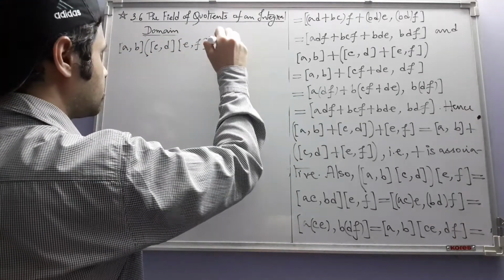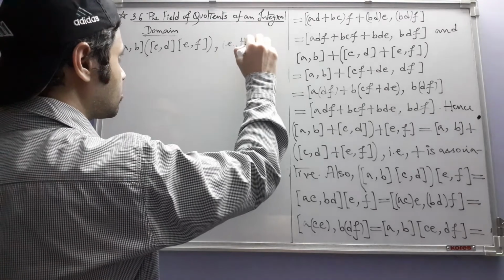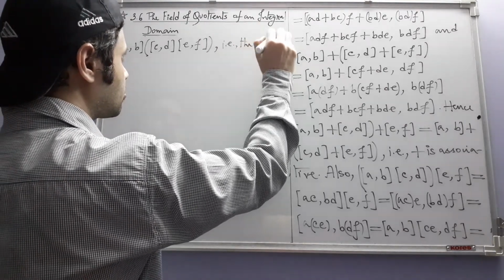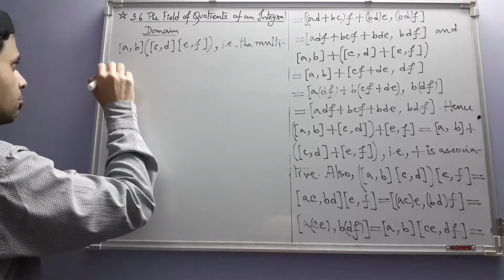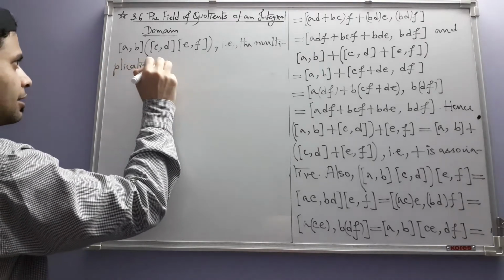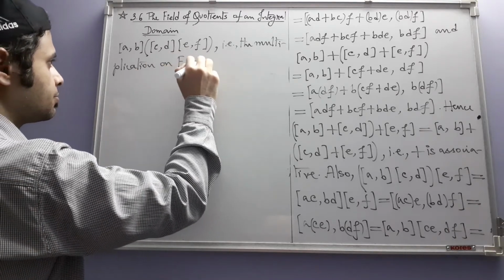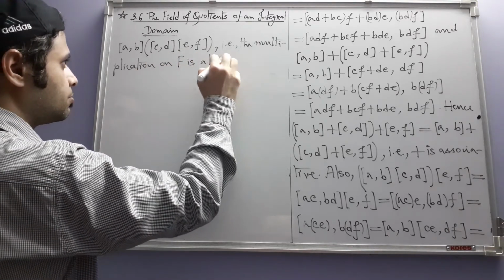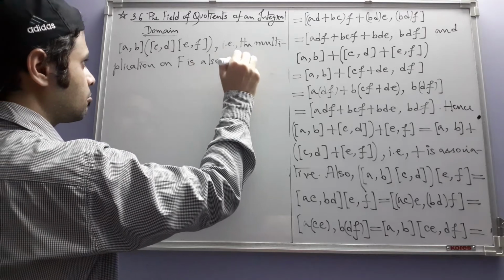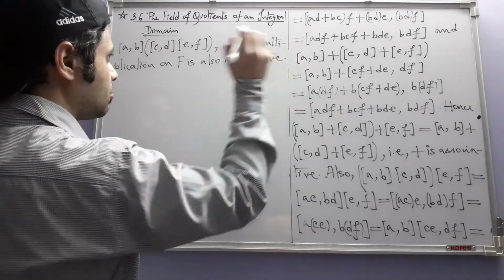That is, the multiplication on F is also associative.